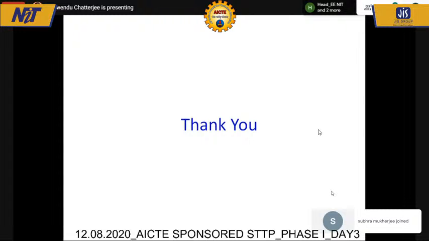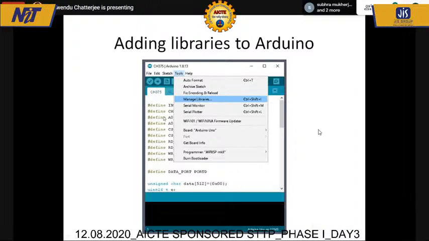The first question asked was about adding libraries to Arduino, how to do that. In the environment, if you go to Tools, there is a drop-down menu, and there is Manage Libraries.